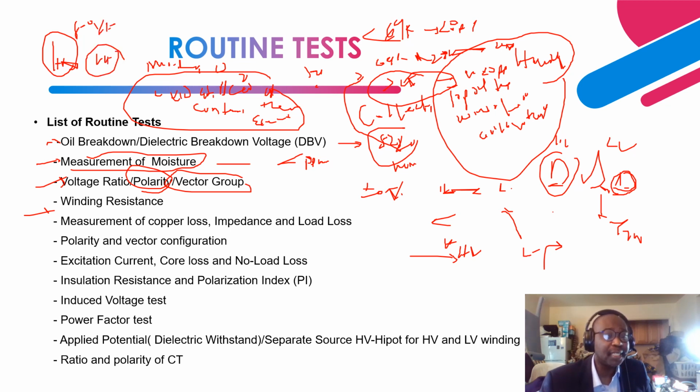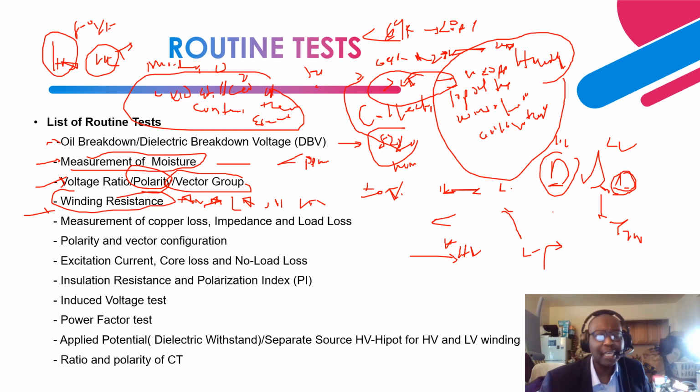Similarly for the low voltage winding side, we determine the resistance and could do a correction to a temperature of 80 or 90 degrees. The purpose of this testing is to determine broken strands, broken connections, tap changer problems, and de-energized tap changer problems.